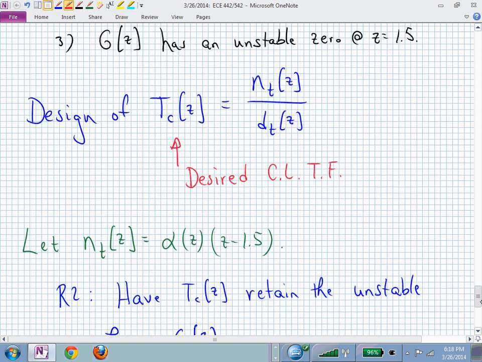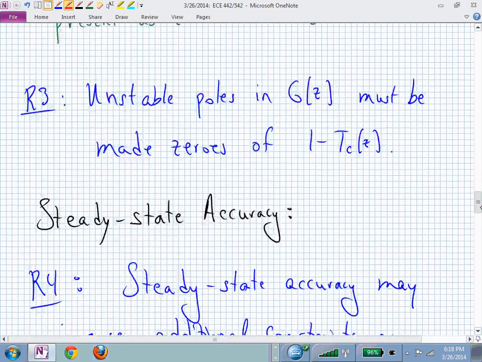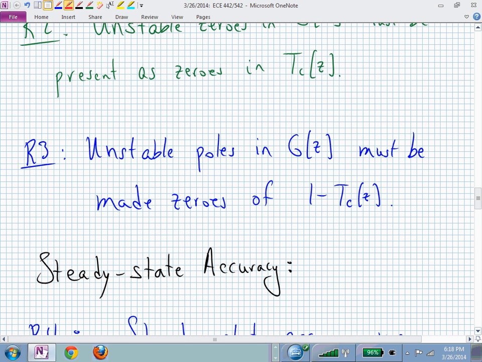Do we need to worry about any of these other restrictions? What did we have about our plant, G of Z? Did we have anything that might apply from R3? Yeah, we had an unstable pole, didn't we? What's this tell us? This says we better force 1 minus T sub C of Z to have a 0 at that unstable pole location.